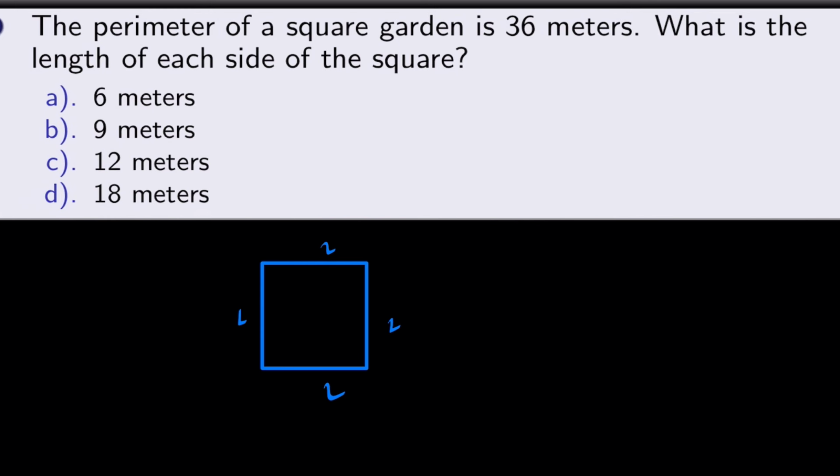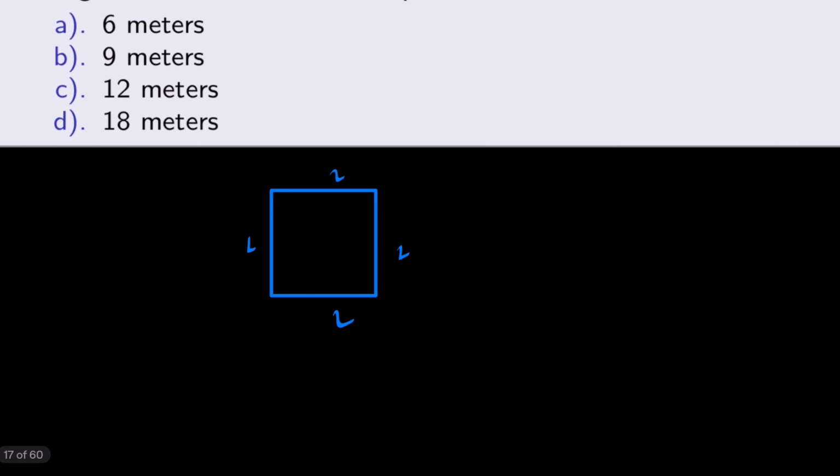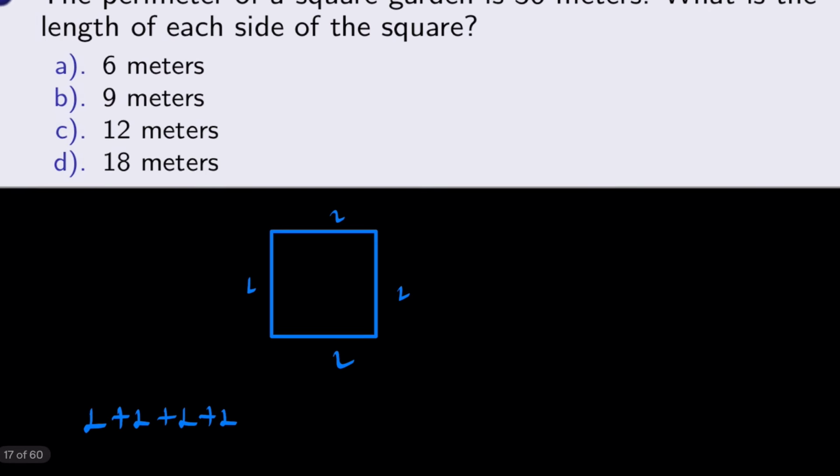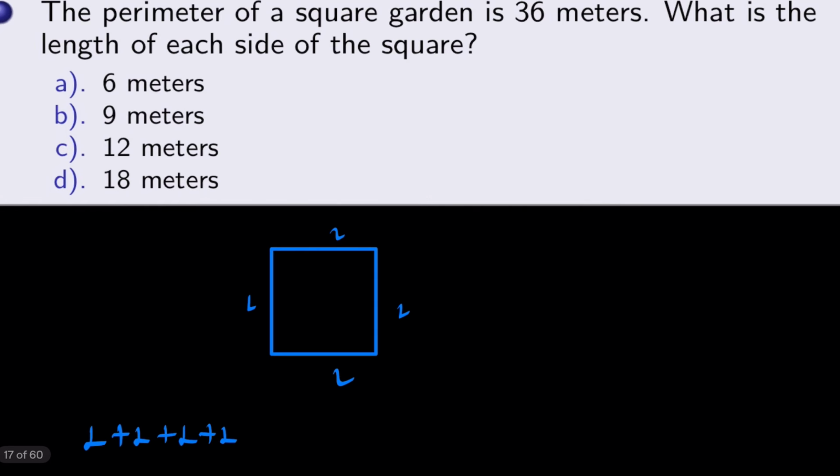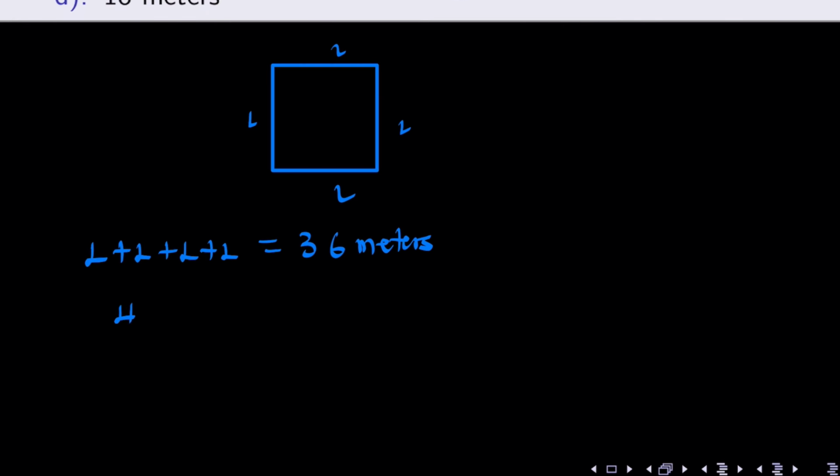So now if we are saying that the side is L, so that will be L plus L plus L plus L. And you are being told that the perimeter of this square is 36 meters. So this will sum up to 36 meters. So now our goal is to find L. And so we are going to have 4L is giving us 36 meters.